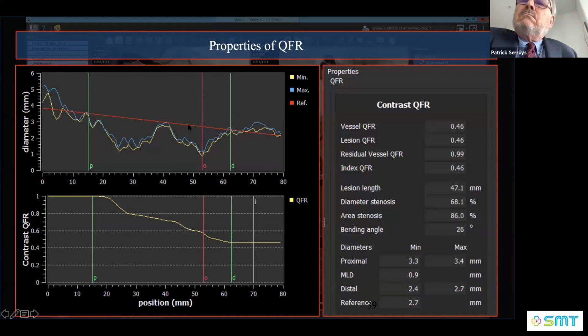I think you should stent from this in between the green line. And in this case, there was enough diameter of the distal part so that the entire segment was treated by the drug-eluting stent. But I think those types of information, diameter, geometry, and the drop of the QFR, will help the operator to plan the procedure very precisely.